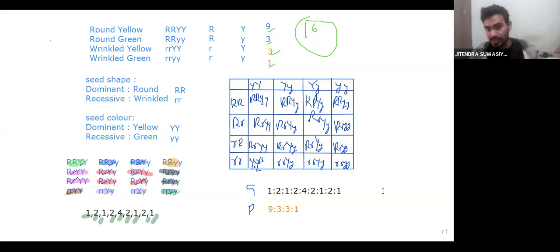But for the phenotypic characters, the 9 were round yellow, the 3 were round green, the 3 were wrinkled yellow, and the 1 was wrinkled green, the only one recessive character of those. So that is the wrinkled green. So these were the dihybrid cross of Mendel.